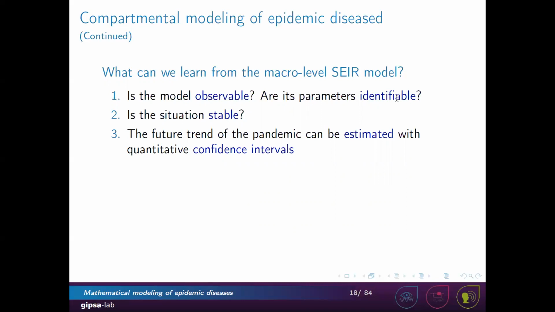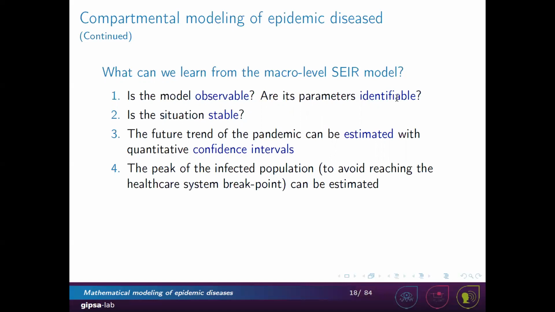So in the context of epidemic diseases, we have exactly the same limitations. The longer the prediction time is, the less confident we are in our estimations.